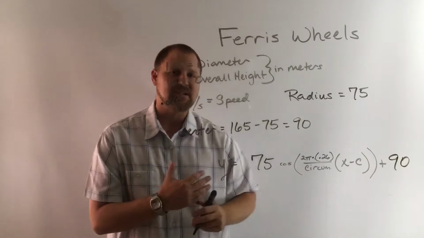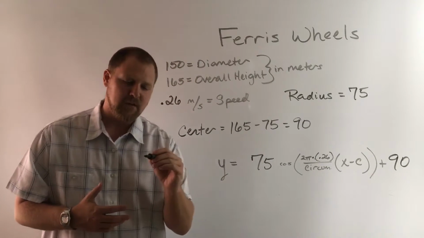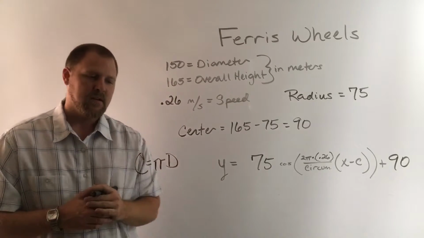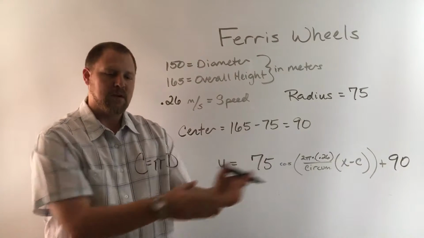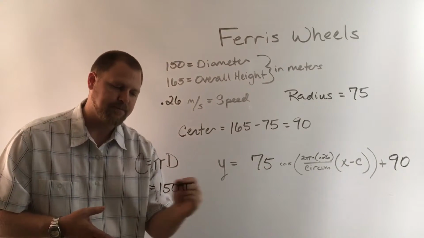And then my circumference is the only thing I need to fix here. We know that circumference is equal to pi times the diameter. If you keep it in this form, pi times diameter is 150 times pi.